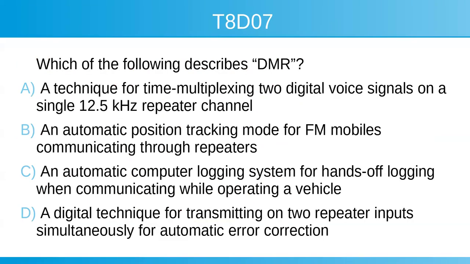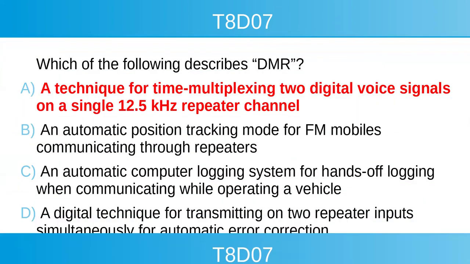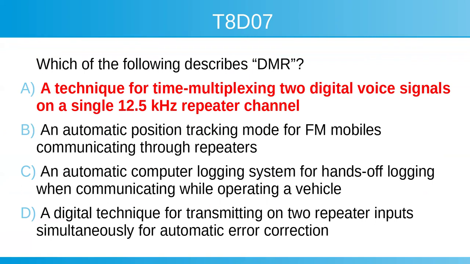Which of the following describes DMR? I would say Alpha. That's not what I consider its most distinguishing feature, but for some reason they're hung up on it. Well, that's the answer.